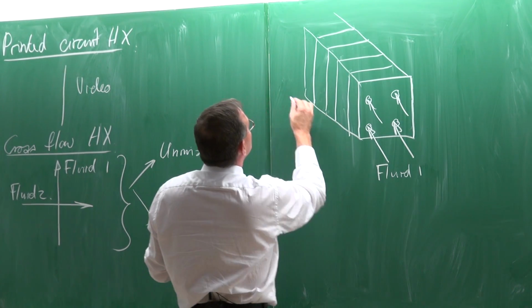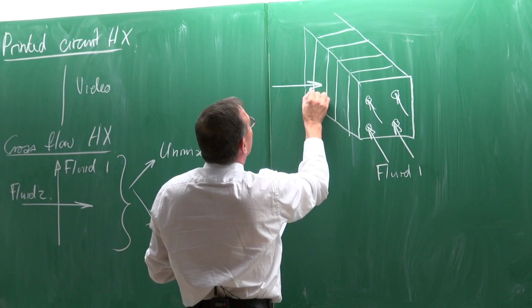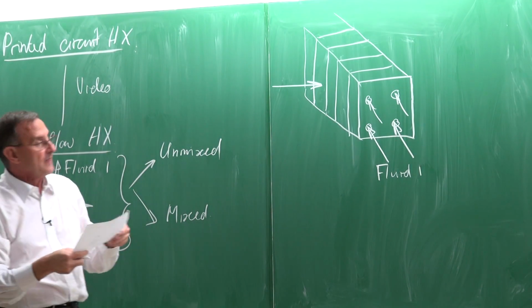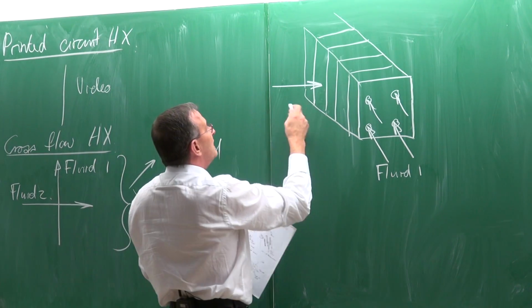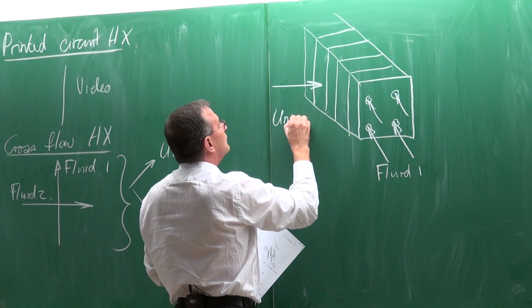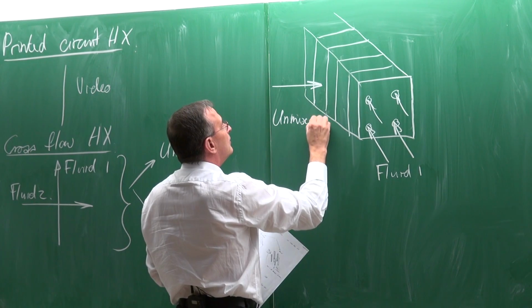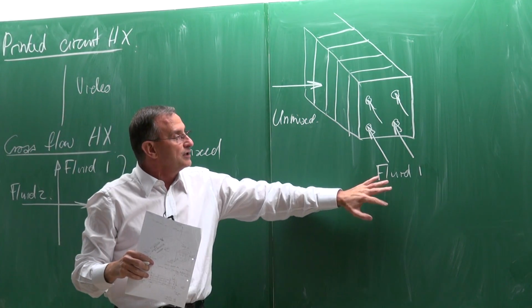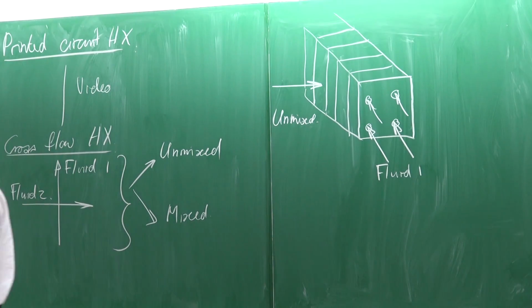And then fluid 2 will flow through the plates. And this will be a case of unmixed flow. So mixed or unmixed never has something to do with the two fluids themselves mixing. That cannot happen because the definition of a heat exchanger says that the two fluids must never mix.